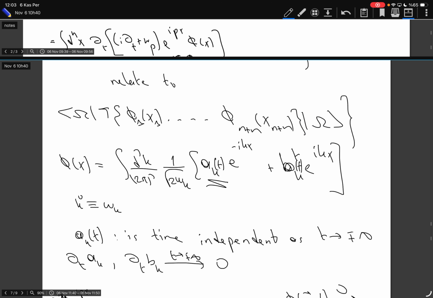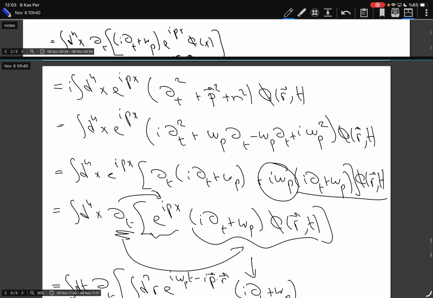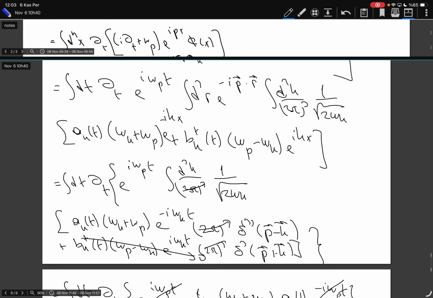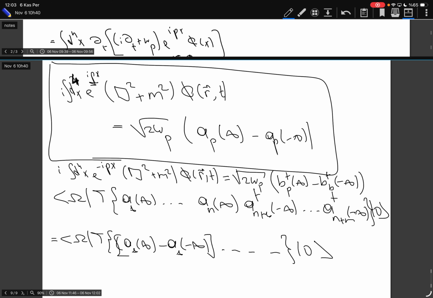Now the main difference will be due to the sign change. Here you would get i dt minus omega p terms probably. So the a terms will cancel, the b dagger terms will remain, so instead of the annihilation operators in the field, you will extract the creation operators in the field.